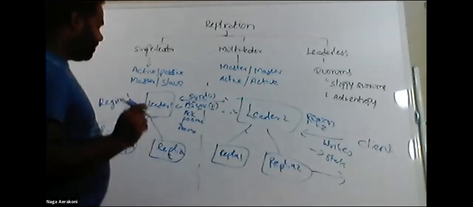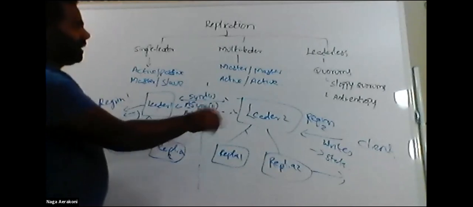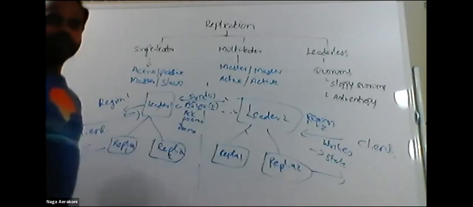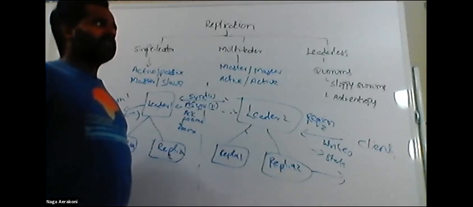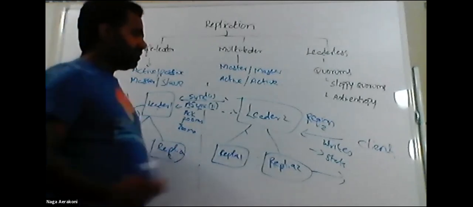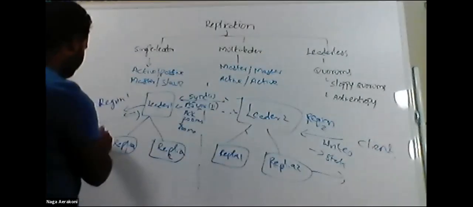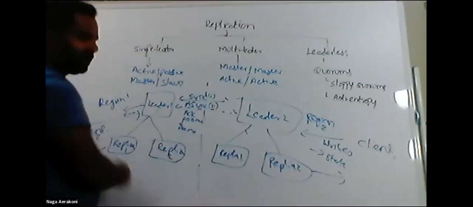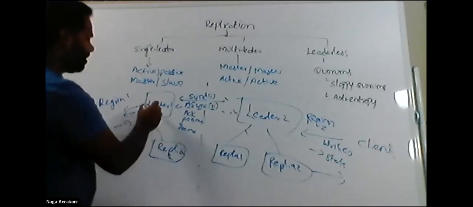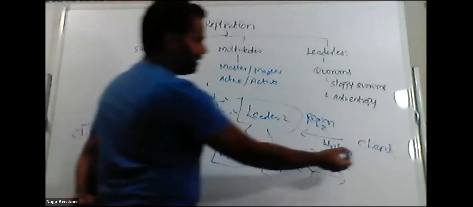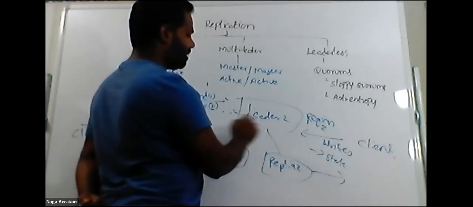Okay, let me talk about what other issue could come up in multi-leader replication. Chances are low, but let's say client one here and client two here are updating the same record at the same time. One sends an update to leader one, and the other sends an update to leader two for the same record.